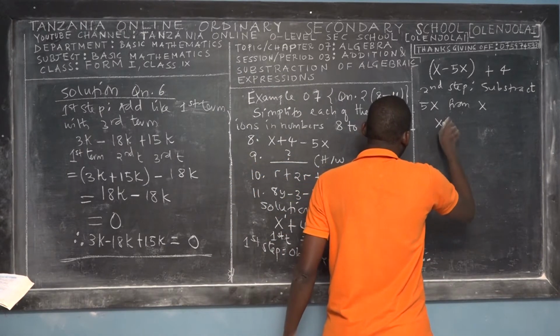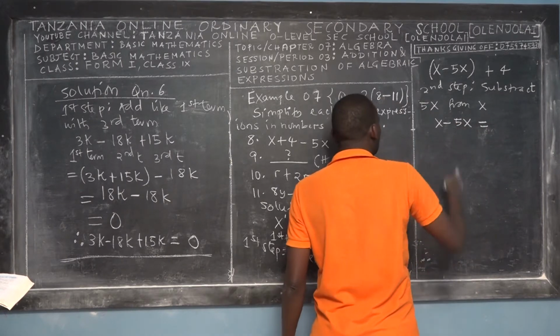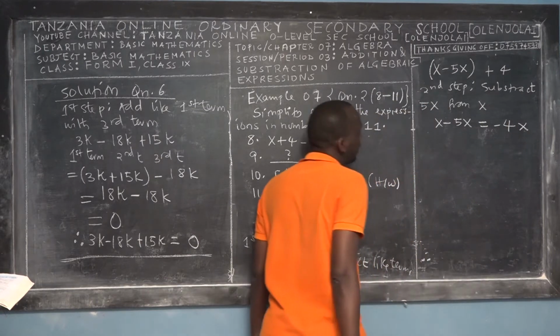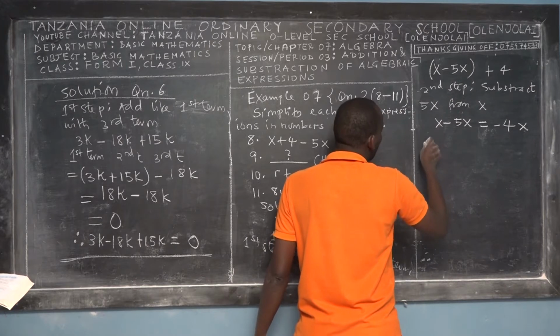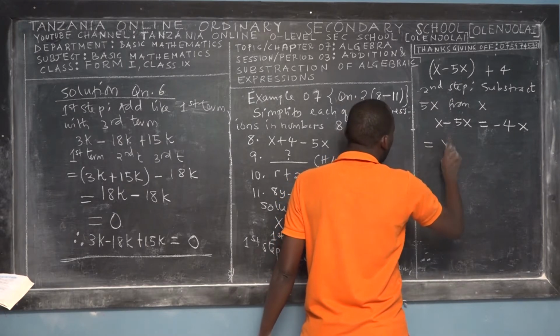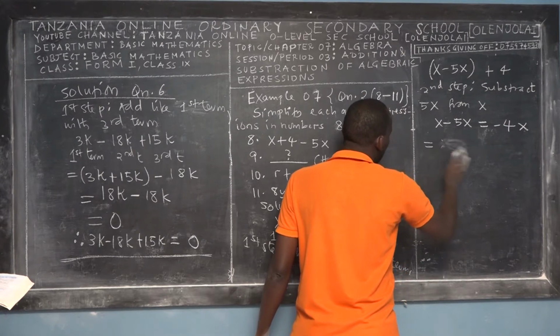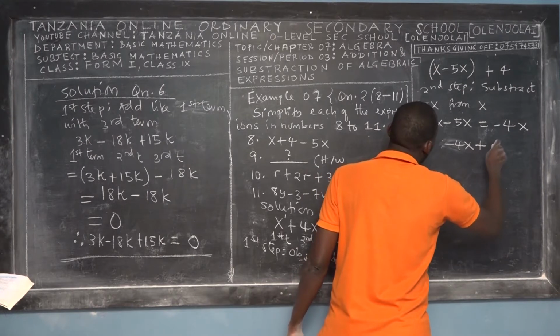So for this case, x minus 5x, it means that we'll have negative 4x, right? So this will be negative 4x plus second term, which is 4.